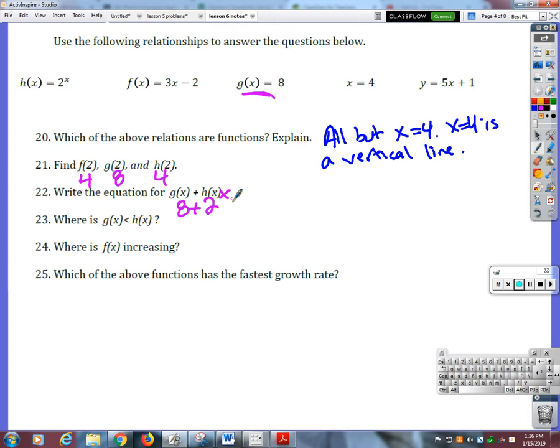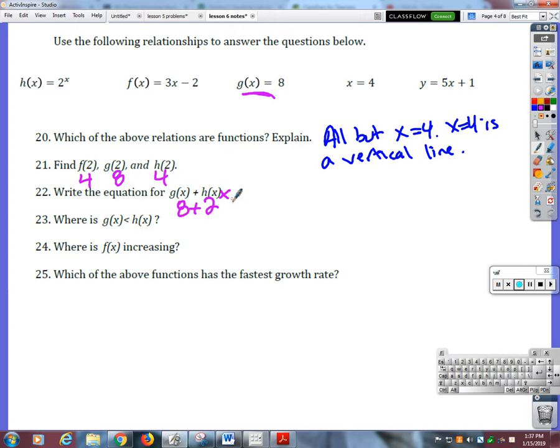All right, number 23, where is g of x less than h of x? Where does h of x equal something bigger than 8? Where does it equal 8? What number would you have to plug into the h function to get the answer 8? 2 to the what power is 8? 3. So when x equals 3, the two are the same.